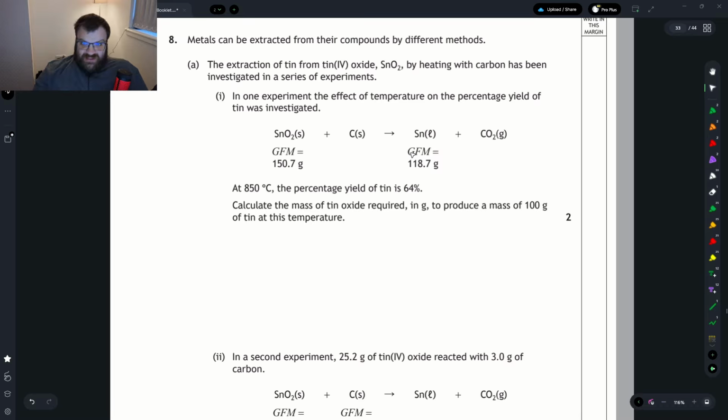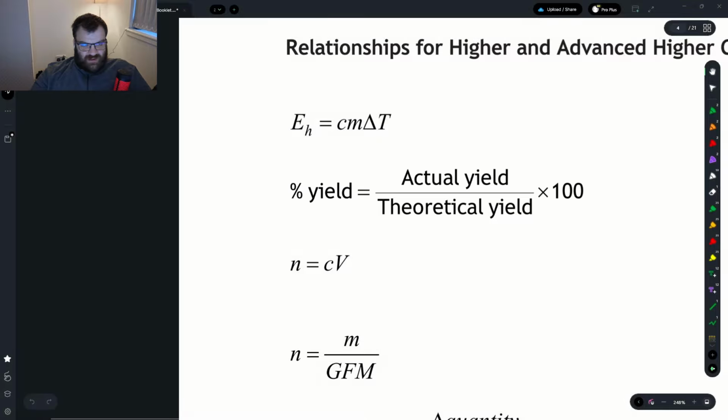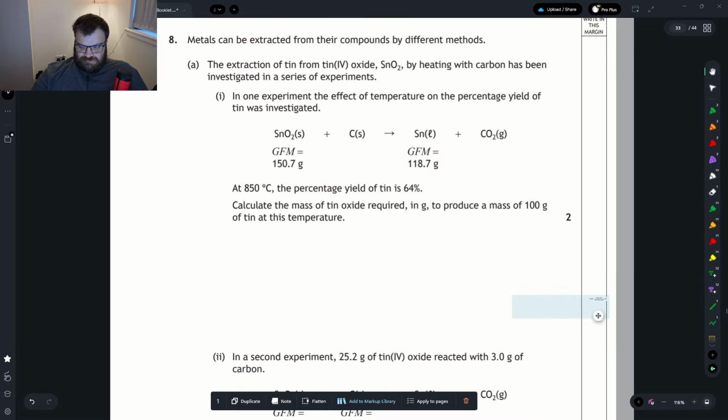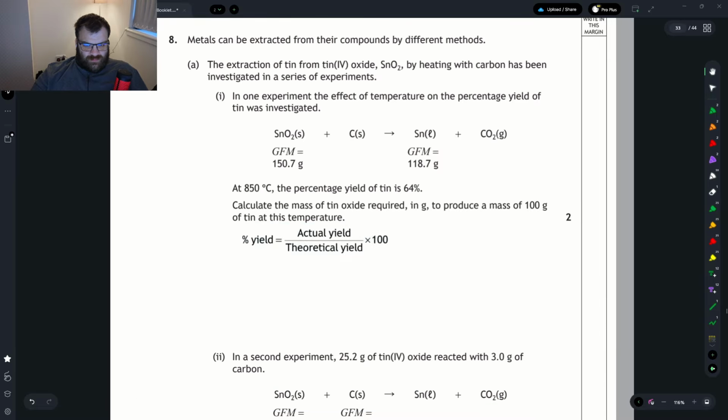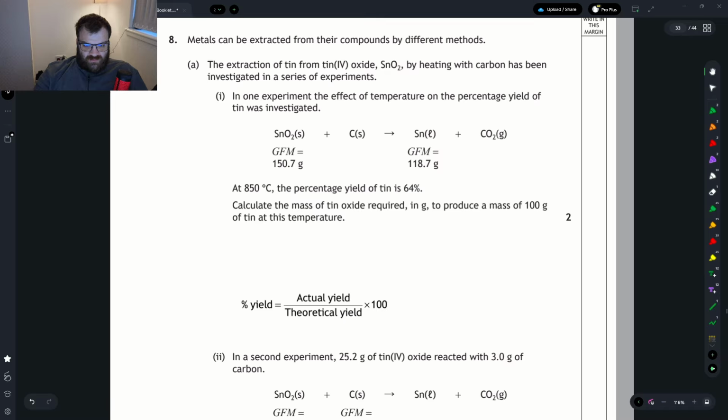This one is a percentage yield question. Percentage yield is the actual yield over the theoretical yield. In this question, we're asked about the mass of tin required in grams to produce a mass of 100 grams of tin at this temperature.